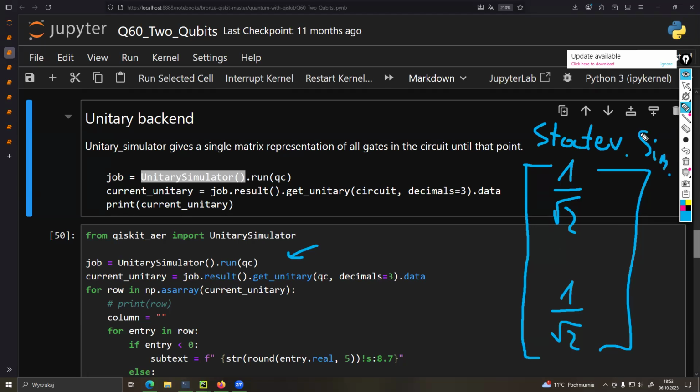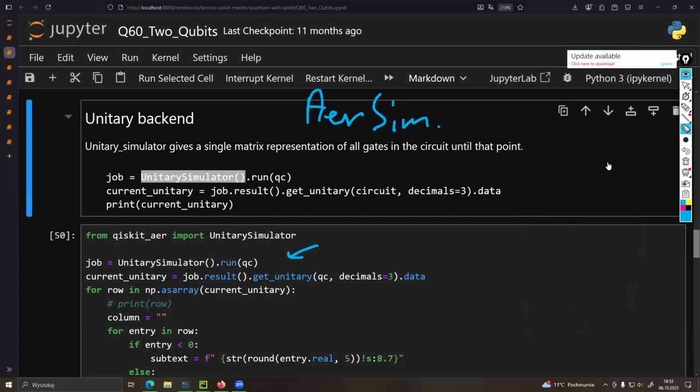If I wanted to run a job that simulates actual outputs from a quantum computer, I would run the QASM simulator. And now if I want to see what operations I performed and how they look in matrix form, I have a unitary simulator.